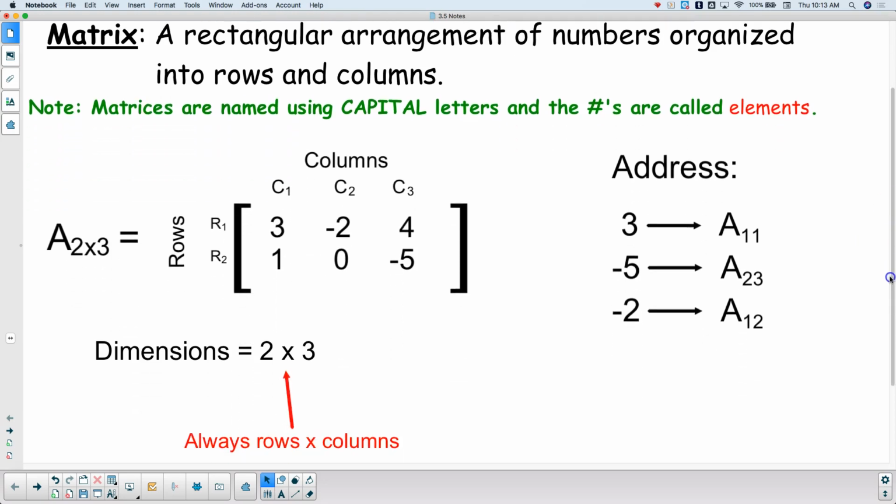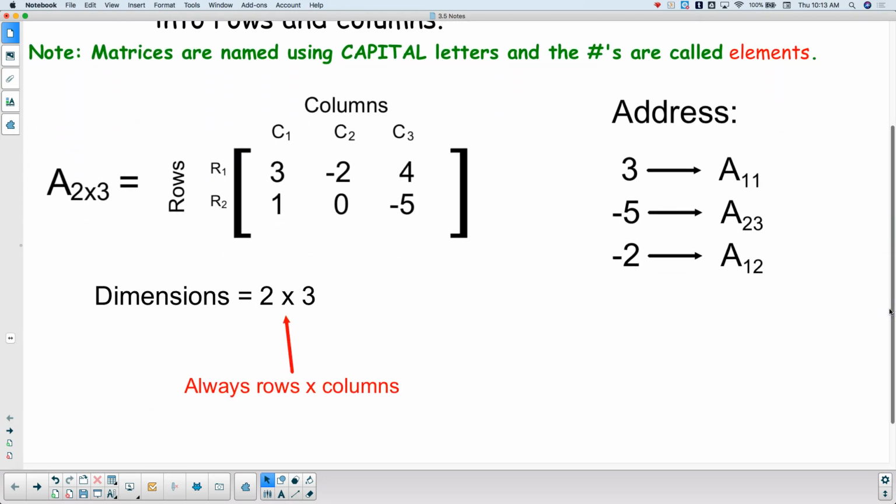So, there it is. This right here is matrix A. I know that it's matrix A because there's the capital letter that names it. Matrix A is a 2 by 3 matrix.